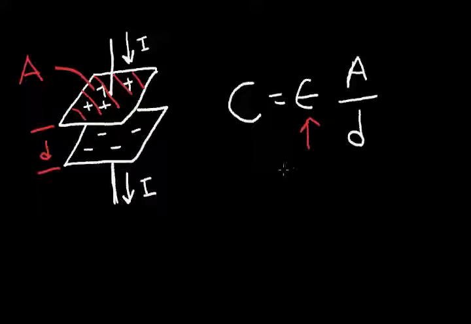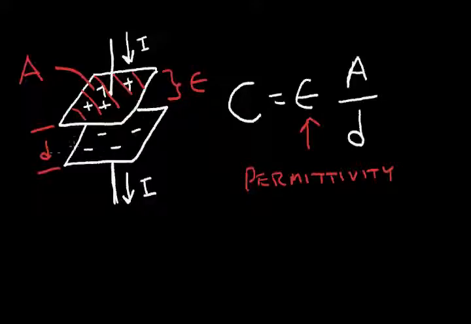This is the Greek letter. It's a symbol for permittivity. And permittivity is a physical characteristic of the region in between the plates.